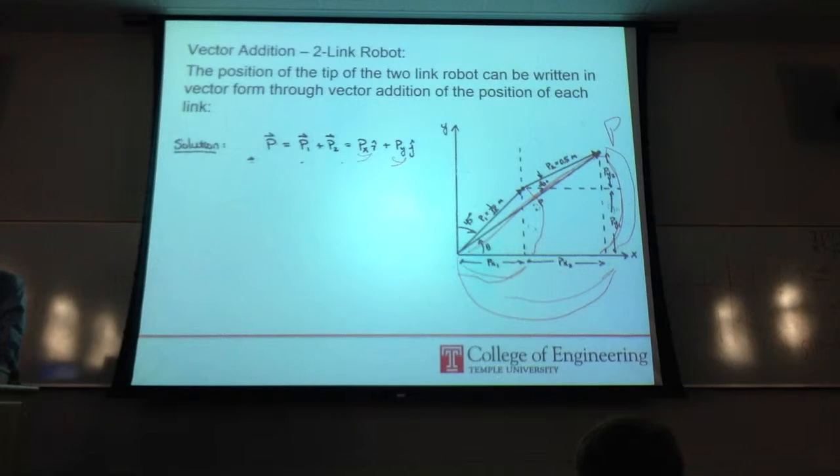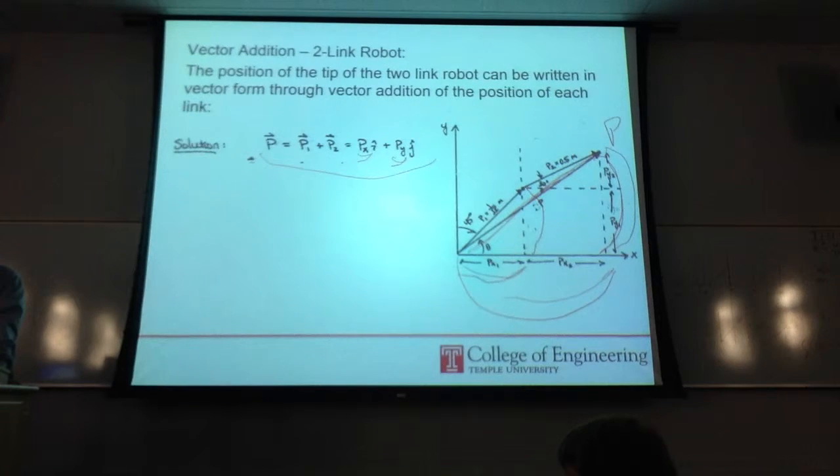So describing in the Cartesian coordinate system, we say P as a vector is equal to the x coordinate of that P, which is Px, times unit vector I plus Py times unit vector j. Do you understand this part?